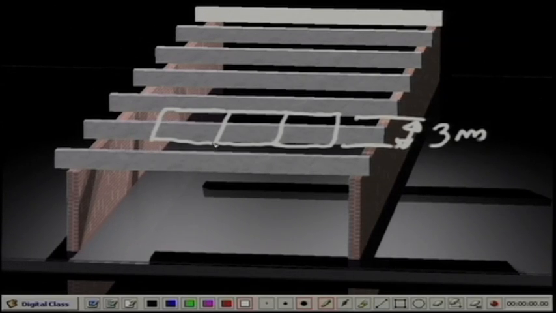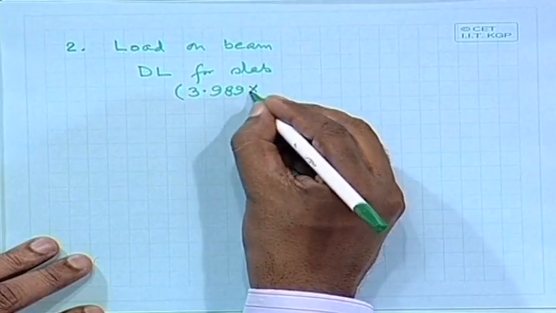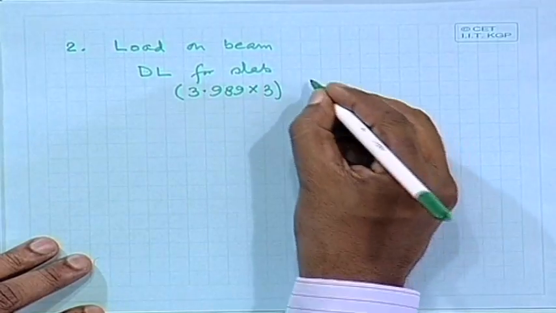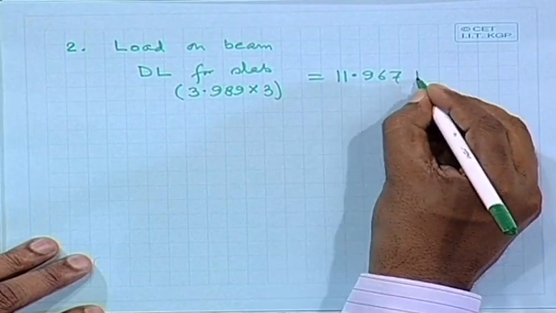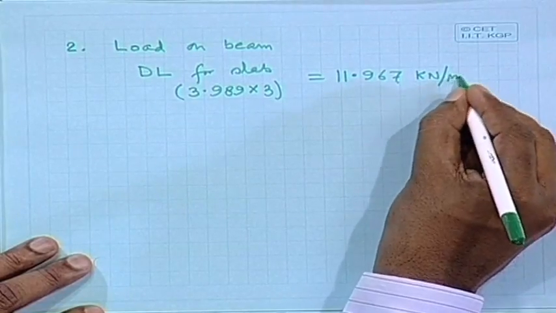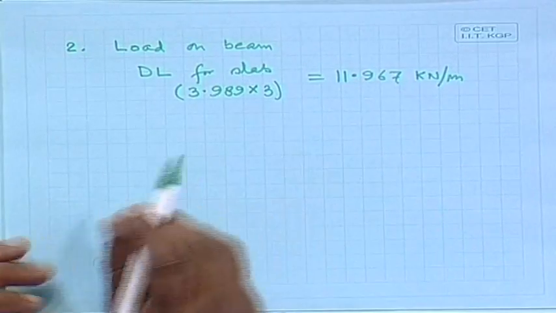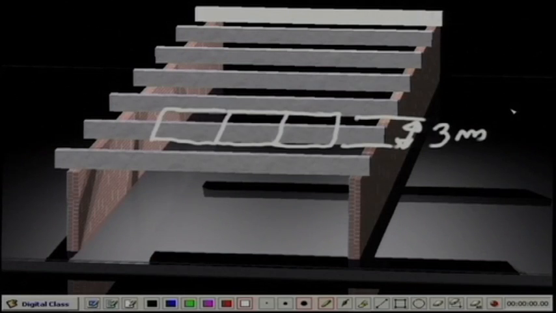So, per unit length it will be 3.989 times 3, which comes as 11.967 kilonewton per meter. So, the load along this length is multiplied by this width, and I get 11.967 kilonewton per meter.